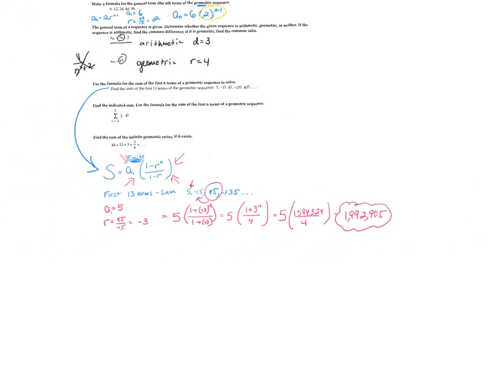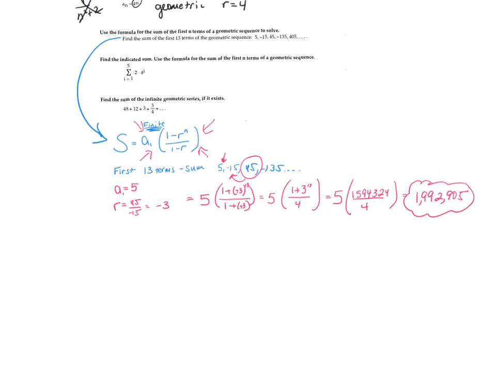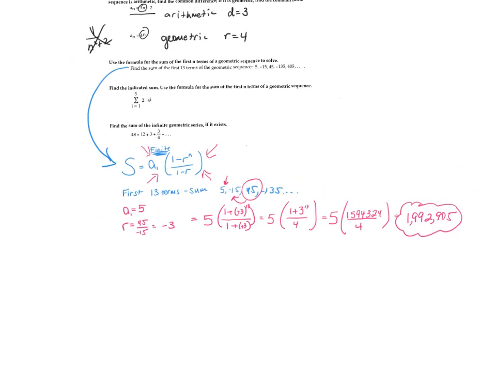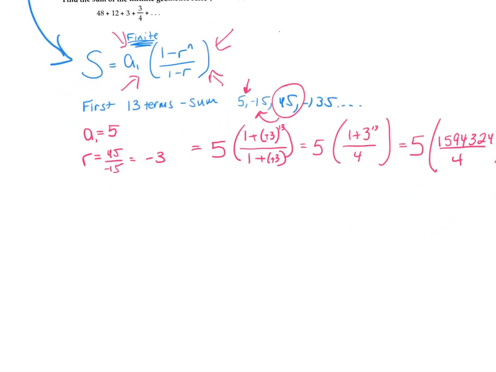Now, some of you are thinking, I can get so confused here and there with the parentheses and stuff. Another way that you could do this, or that you could check yourself, if I wanted the first 13 terms, you guys agree with me that my rule here is 5 times negative 3 to the n minus 1. You guys agree with that?